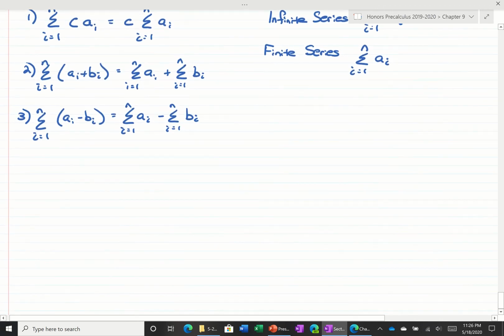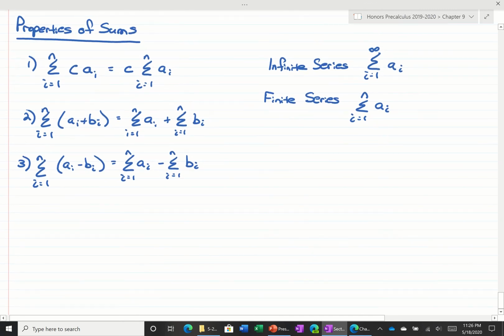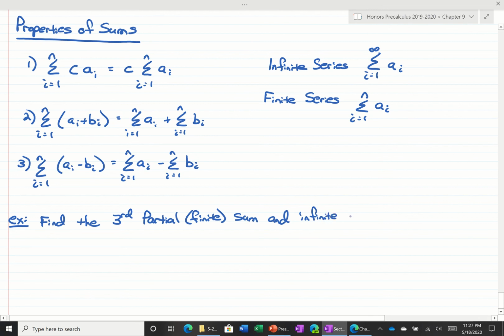All right. So let's do a couple examples. What I would like you to do is find the third partial sum, and partial is just another word for finite, and the infinite sum of 3 over 10 to the i power, from 1 to infinity.